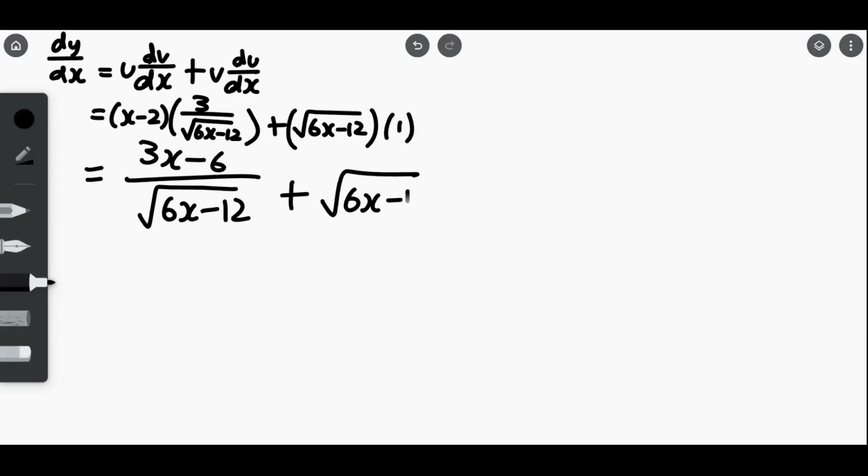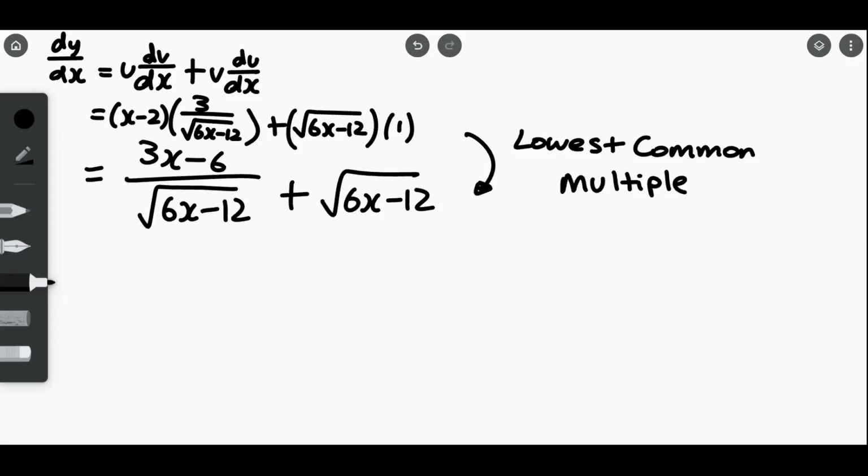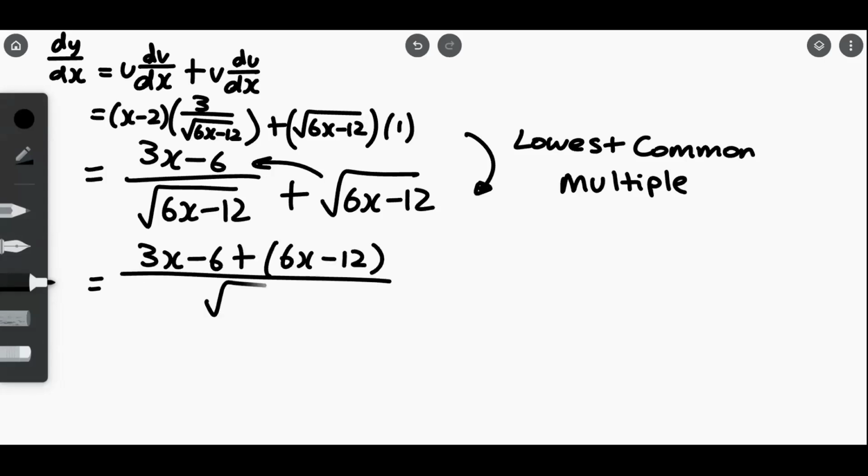This step to this step is what we call lowest common multiple, because we do have a lowest common multiple over here, which is 6x minus 12. So you bring it up, so it'll be 3x minus 6 plus, then you bracket 6x minus 12, over root 6x minus 12.